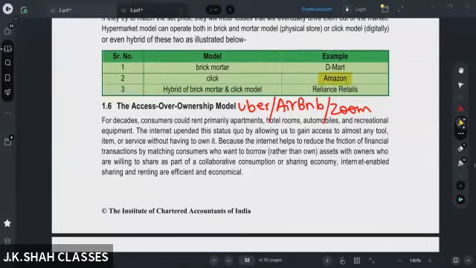Like you don't have a physical shop in India. So it's a click model online. DMart, brick model. See, now DMart has also started with online. You can book your order. It will be sent to your nearby DMart storage.